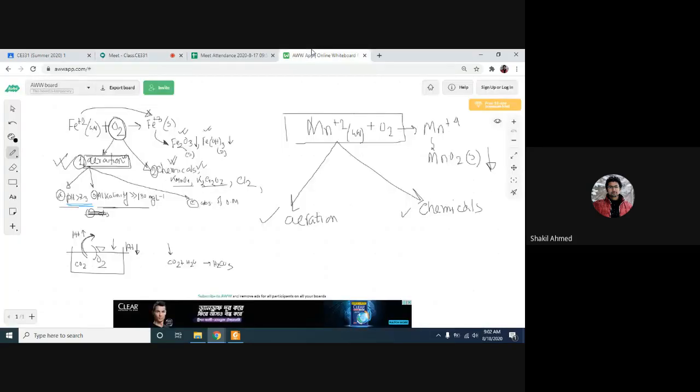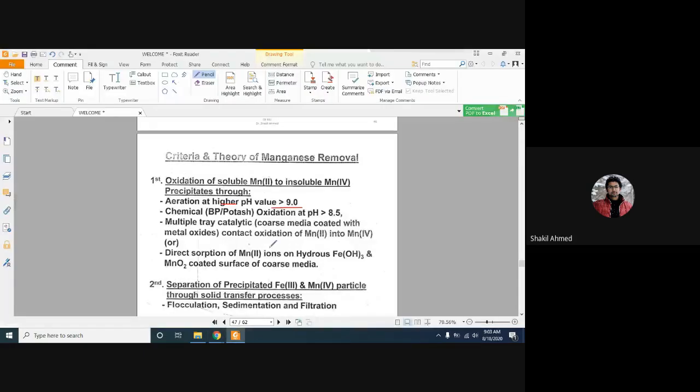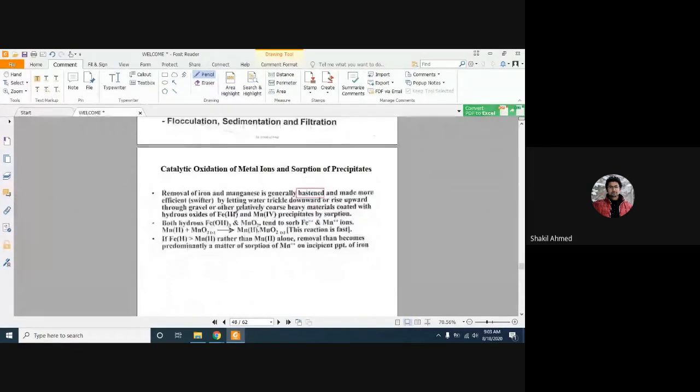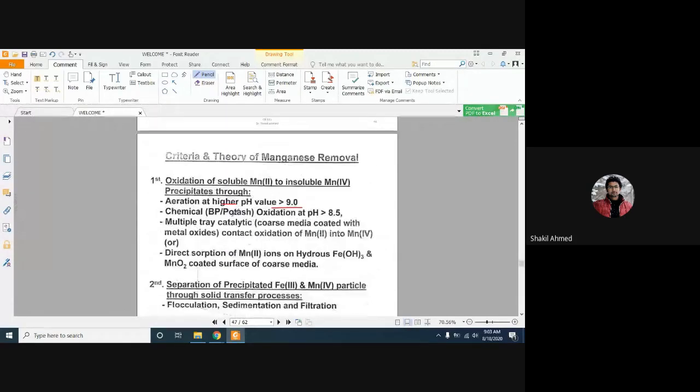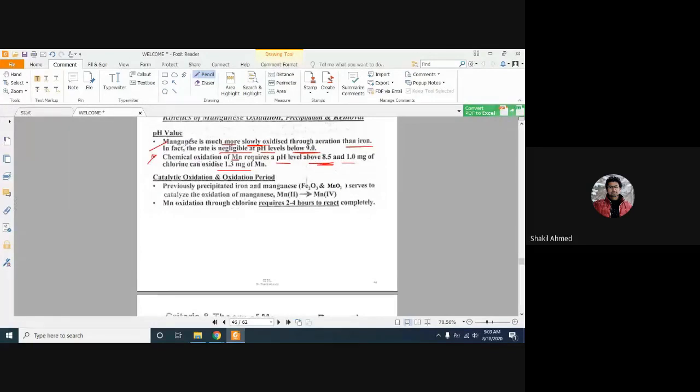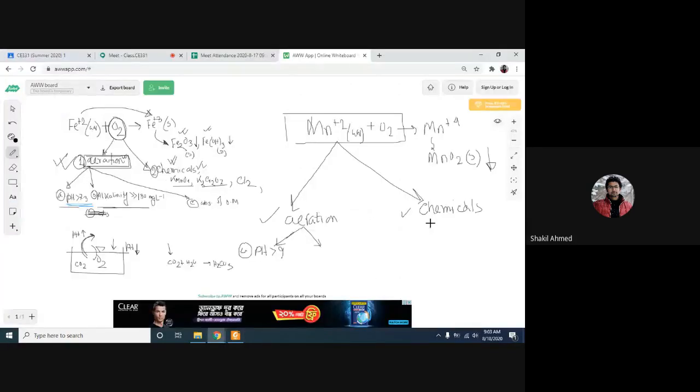Okay, so the condition here is that your pH has to be greater than 9 for aeration, but in chemical oxidation your pH value has to be greater than 8.5.